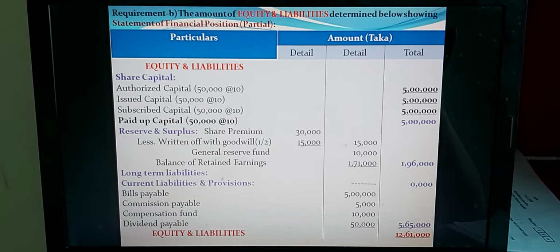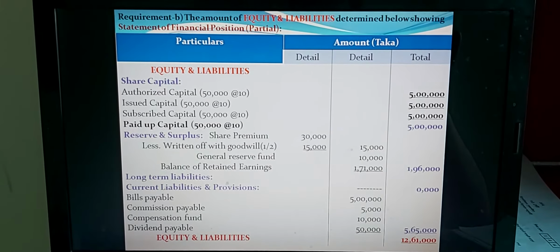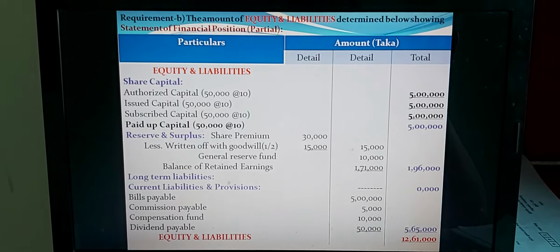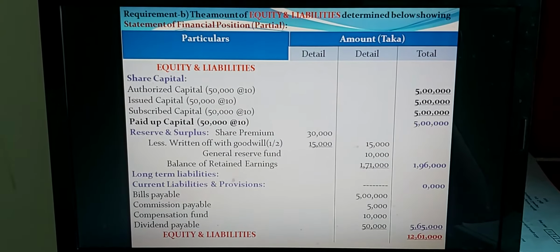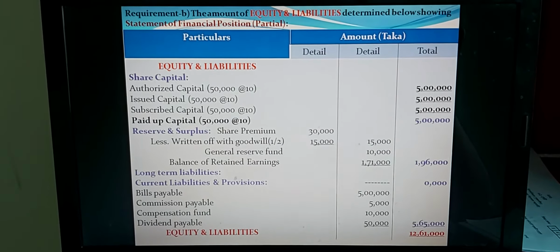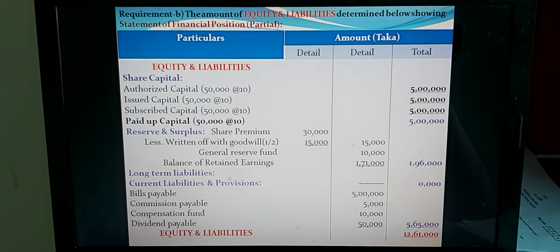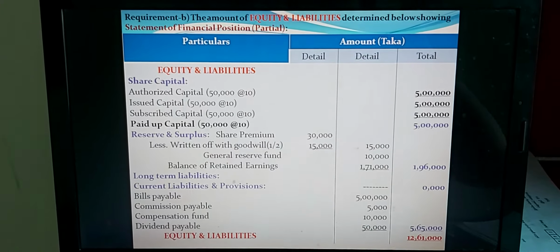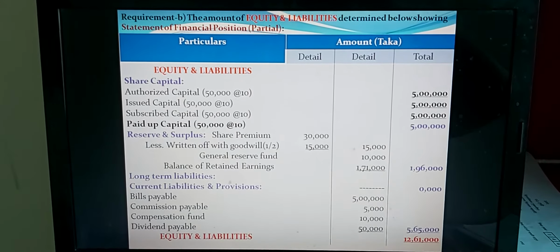The last capital, paid up capital, that is the amount of subscribed capital taka 5 lakh, but not close this amount because it is the part of the capital or equity in joint stock company. The first head, share capital, is taka 5 lakh.